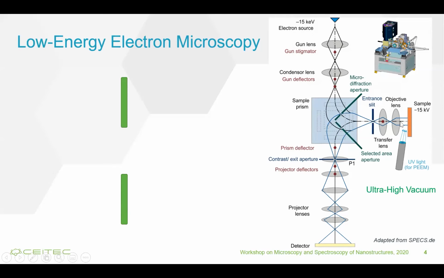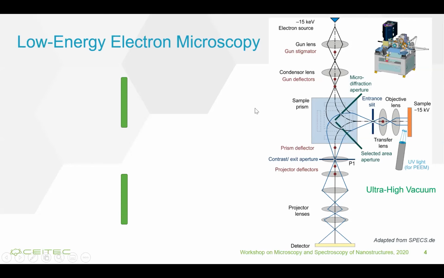So we are not scanning, we are really imaging what's on the surface. Importantly, there is a magnetic prism which turns electrons to the sample, so we can then study the reflected electrons coming out of the sample. We just need bulk samples. The technique is slightly similar to transmission electron microscopy in what we can do, but we illuminate the surface with low energy electrons, not high energy electrons.